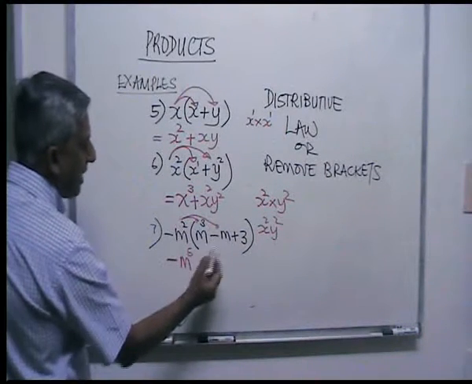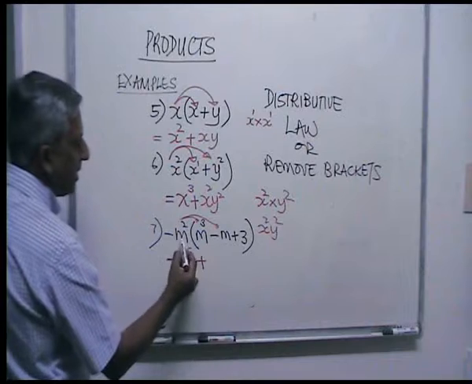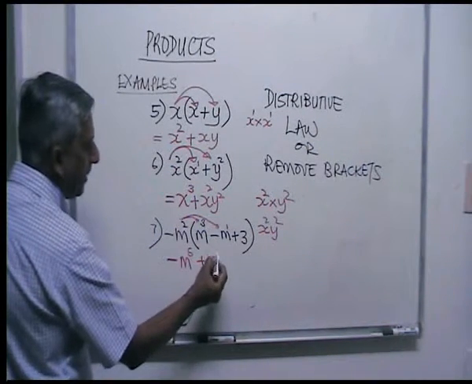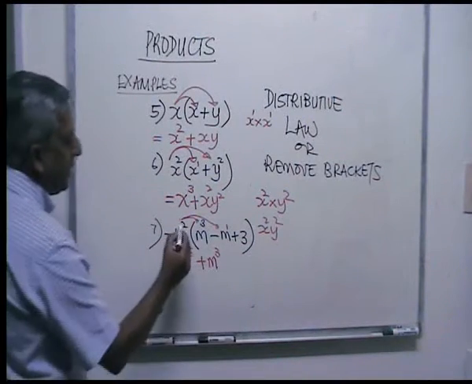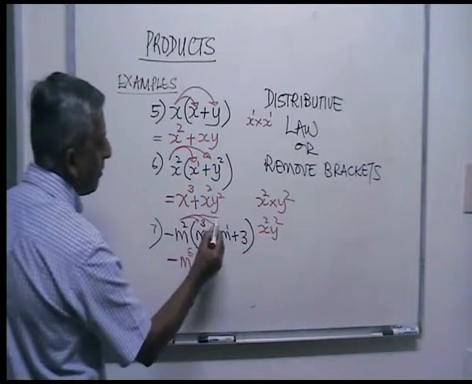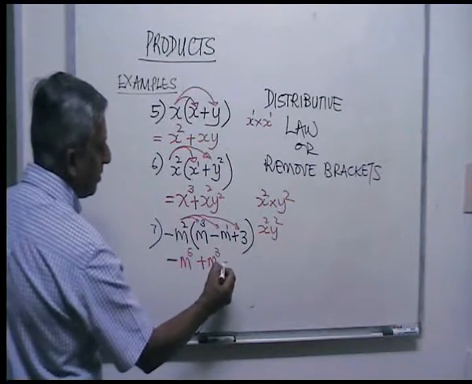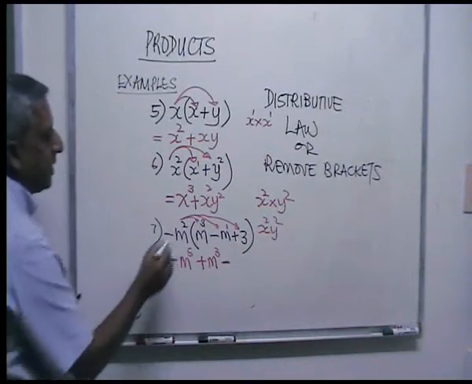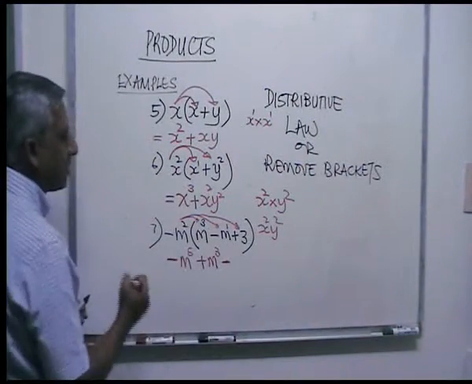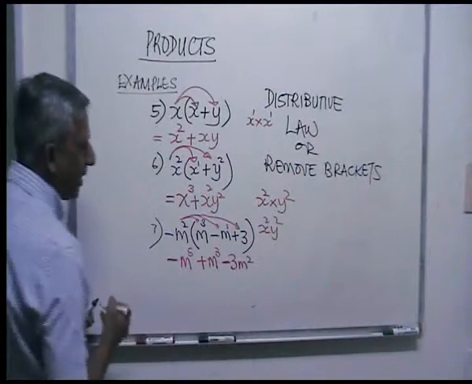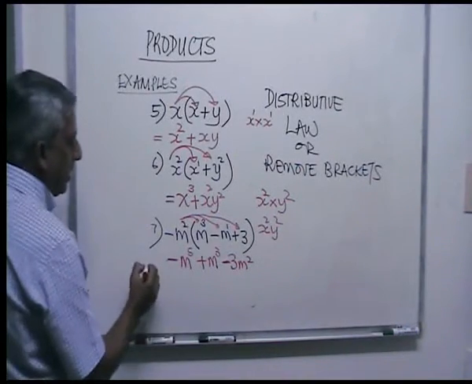So minus times minus will give you plus m squared, and this is m to the 1. So it will give you m cubed. And then you're multiplying minus m times 3. Now minus times plus will give you minus m squared and 3, the bases are different, so you will just write down 3m squared. So that's your answer.